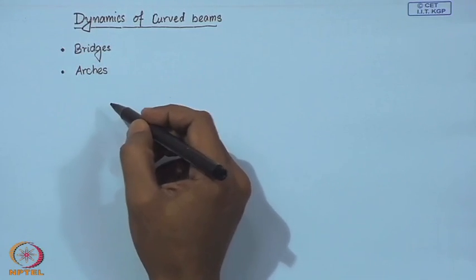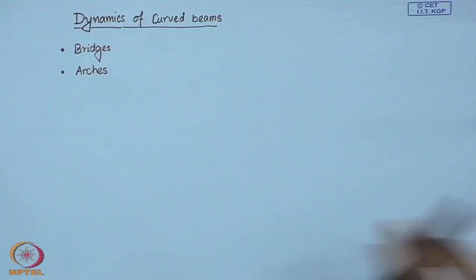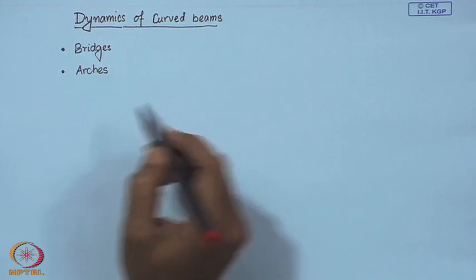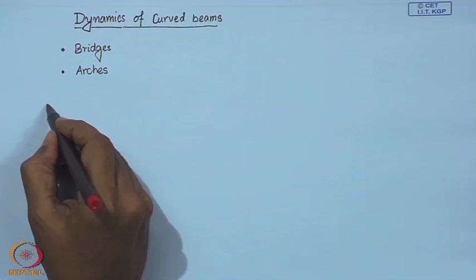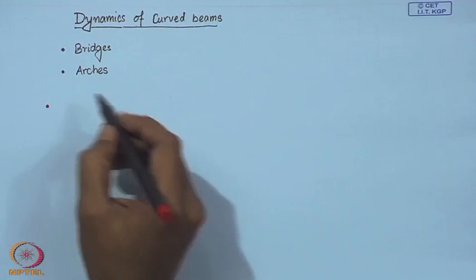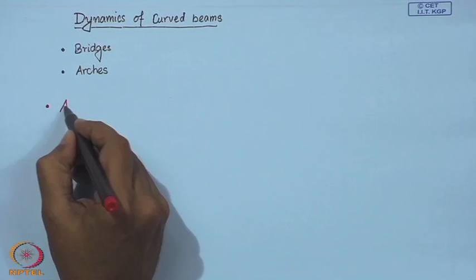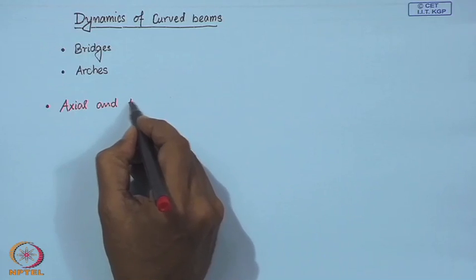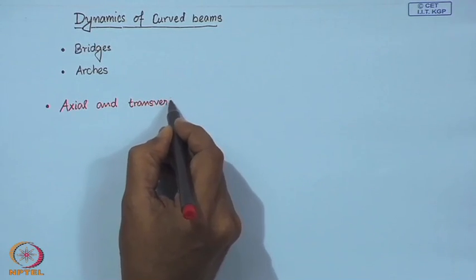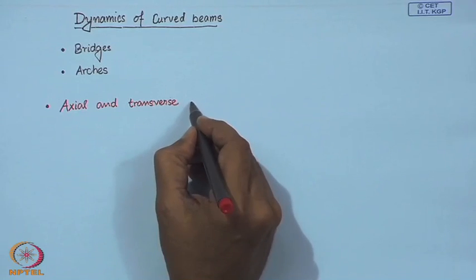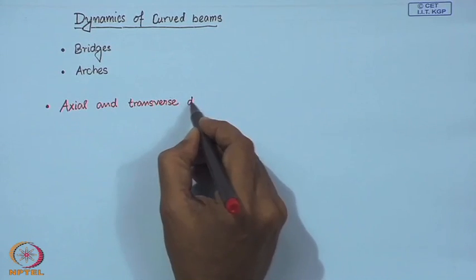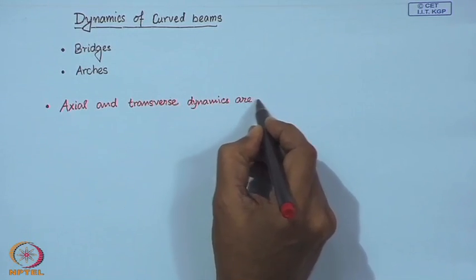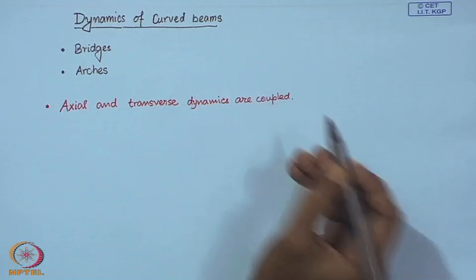Now, we looked at the dynamics in the previous lecture on the dynamics of curved beams, and we observed that the important aspect of the dynamics is that the axial and the transverse motions are coupled.